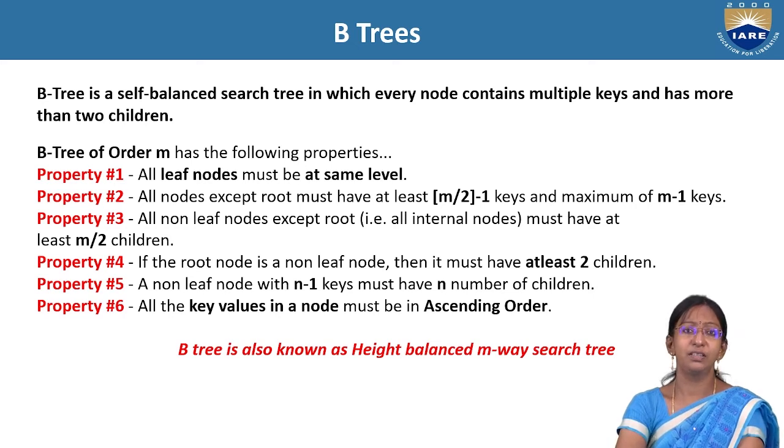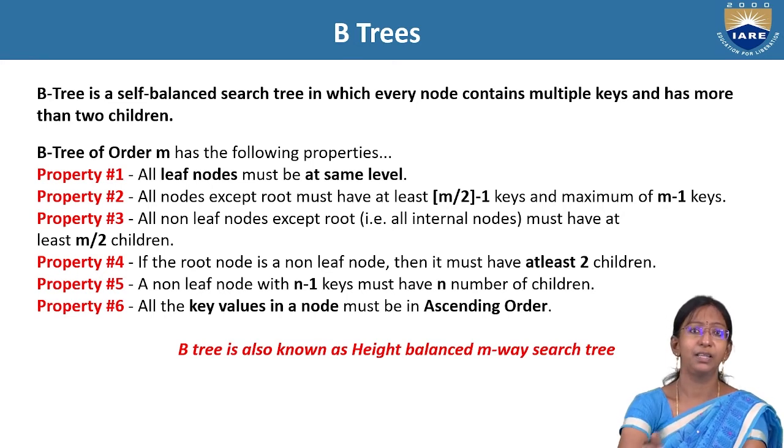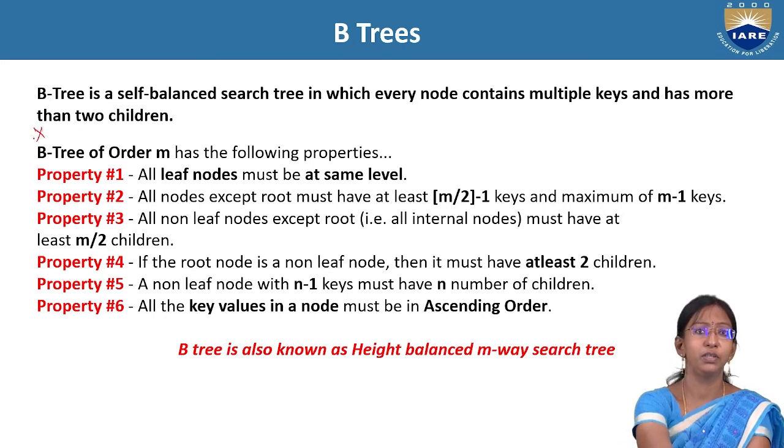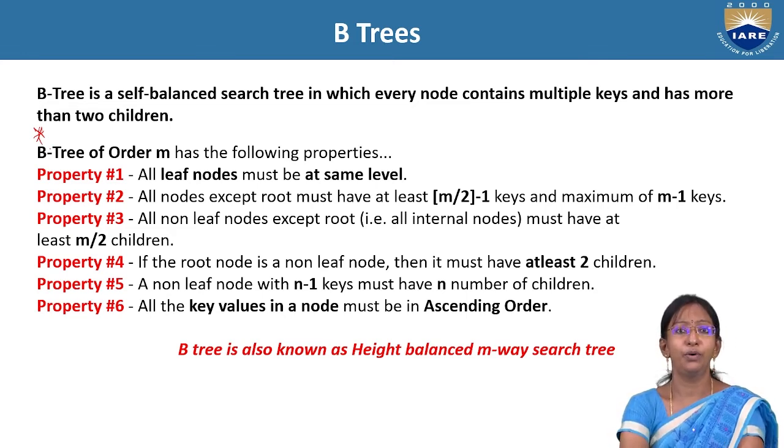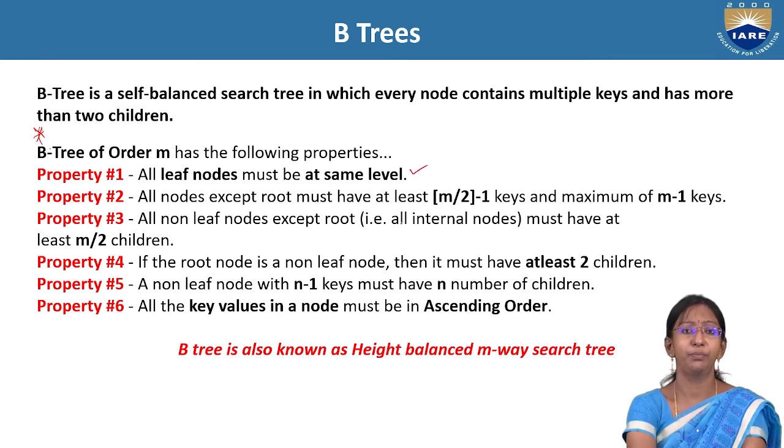So a B tree is a self-balanced one. It is a generic form of multi-way search trees with a few properties, and the set of properties of B trees of order M is very important. One point it says is all leaves must be at the same level. That is a very important property, and with every insertion and deletion you have to take care of that.